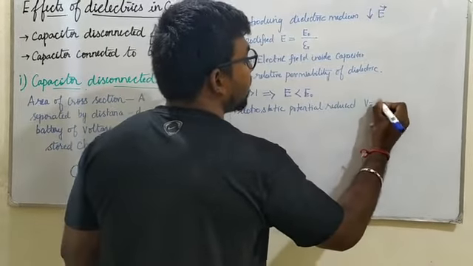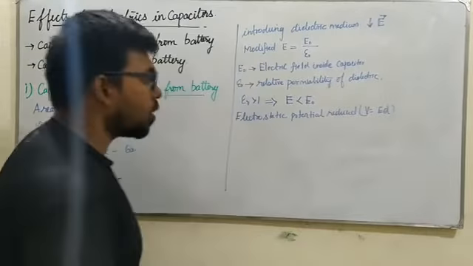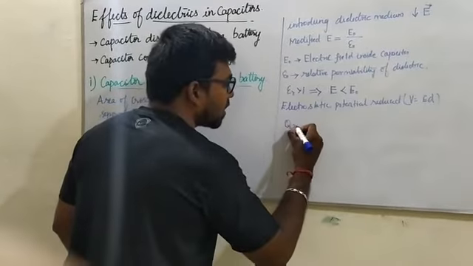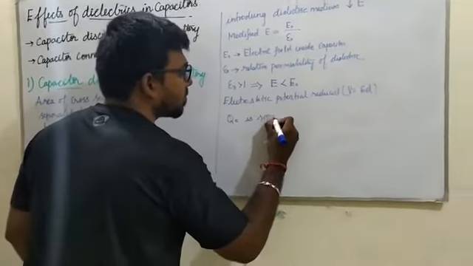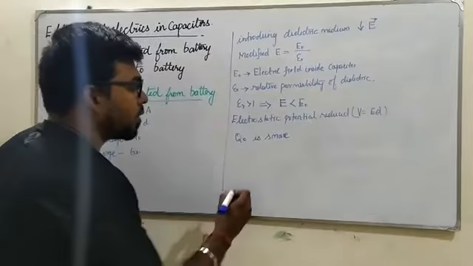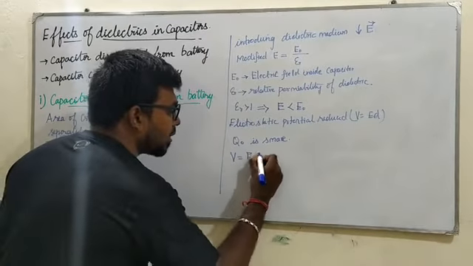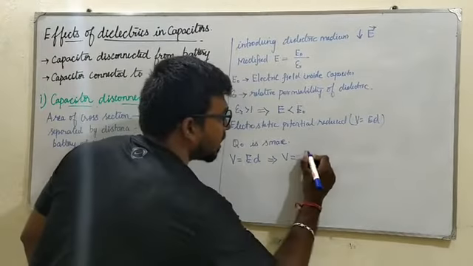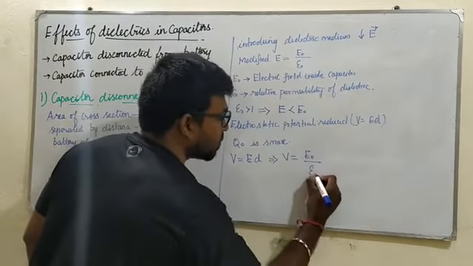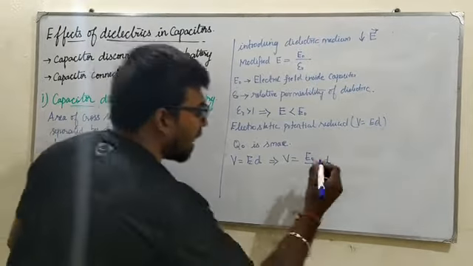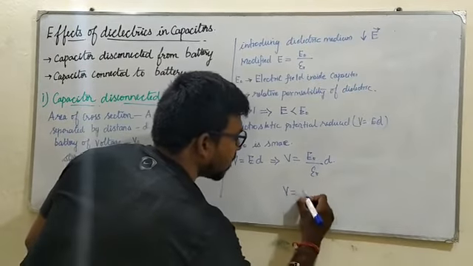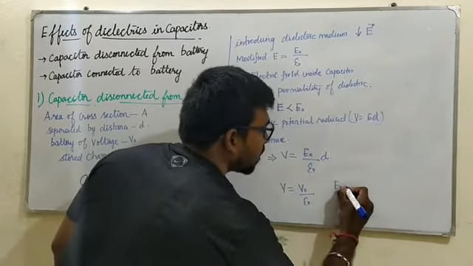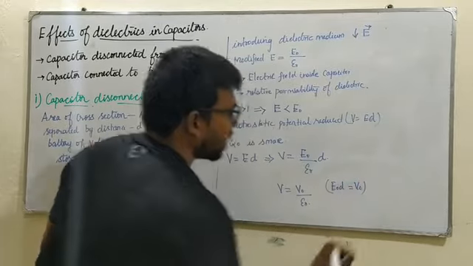Which is V equal to E D. So when we disconnect the battery from the capacitor, the Q naught is the same. So V can be written as V equal to E naught by epsilon r into D, and V is equal to V naught by epsilon r, where we can say E naught into D is equal to V naught.